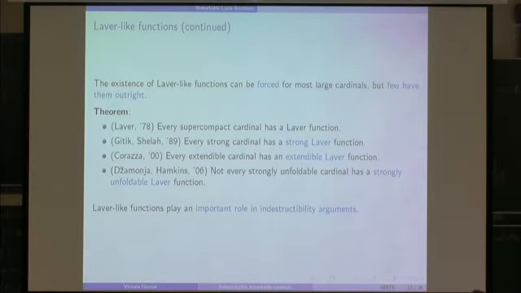Gitman and Shelah, in their paper on indestructibility for strong cardinals, showed that every strong has a Laver-like function. Corazza showed that every extendible has a Laver-like function, and Hamkins and Johnstone showed a negative result, that not every strongly unfoldable has a Laver-like function. So this is one of the examples of a cardinal which doesn't, a smaller large cardinal.